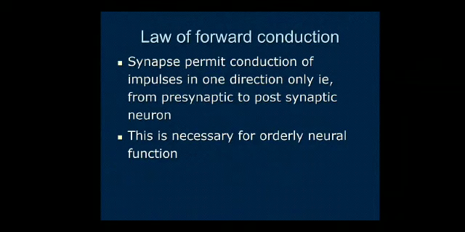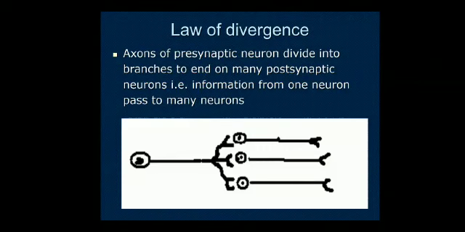And the law of forward conduction: the synapse permits the conduction of impulses in only one direction, from presynaptic to postsynaptic, and that is important for the orderly function of the neurons. And the law of divergence and law of convergence.